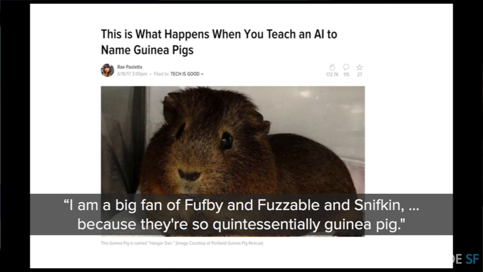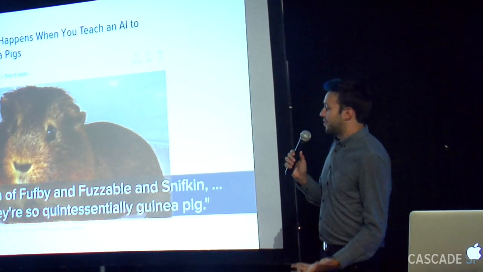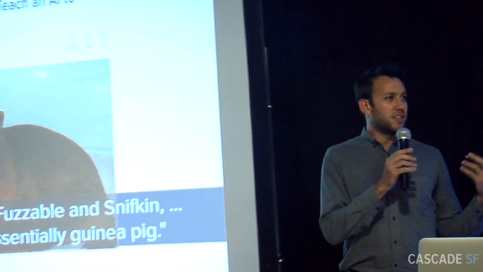It starts to think about what guinea pigs sound like, and I love this quote from the researcher behind it. It's like, I'm a big fan of Fuffbee and Fuzzable and Snifkin, particularly because they're so quintessentially guinea pig. Very accurate. I love how this machine, this robot, totally figured out, oh yeah, this is a guinea pig name, as opposed to this is a bundle of letters that I'm spitting out.